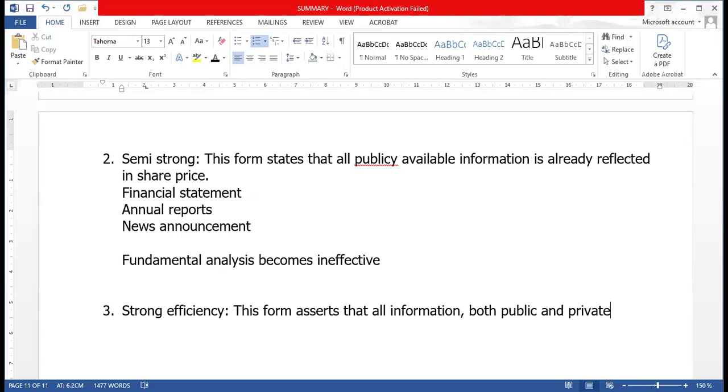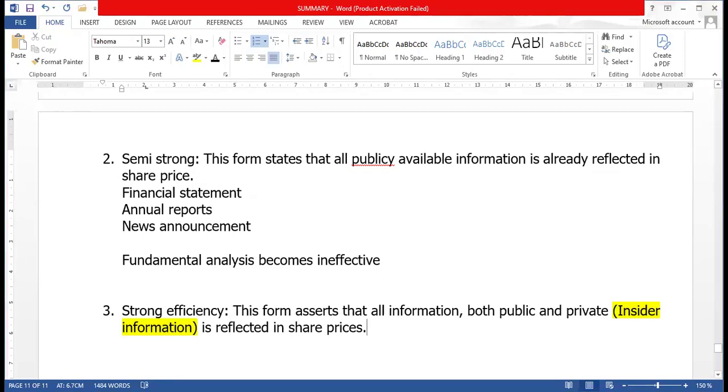That information will be reflected in the price.